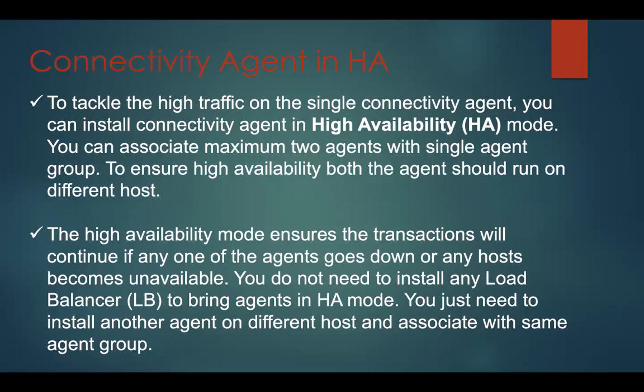Sometimes the request will go to agent 1, sometimes to agent 2. If agent 1 is down, the request will be served by agent 2. Make sure the agents are installed on 2 different boxes to make sure it's highly available. If you have a single physical box and the box is down, then everything is down.